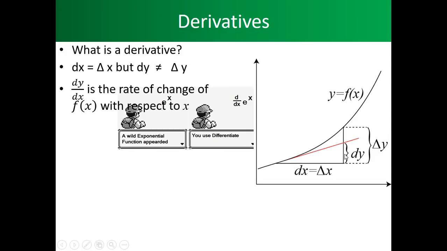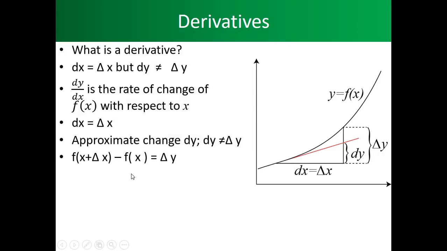When we deal with dy over dx, we're dealing with the slope, what we remember in algebra. So we, again, let you know that dy is the approximate change for y, and dy is not equal to delta y.